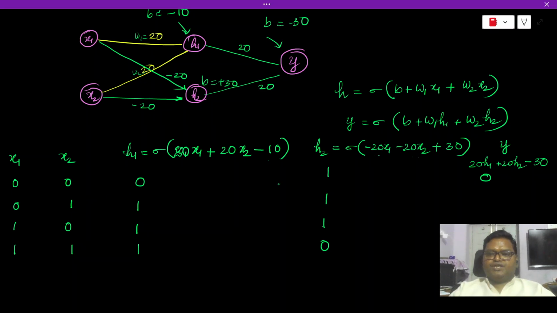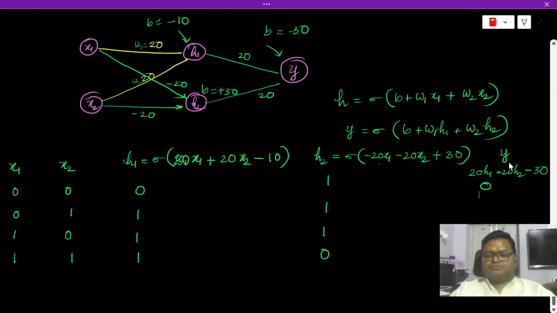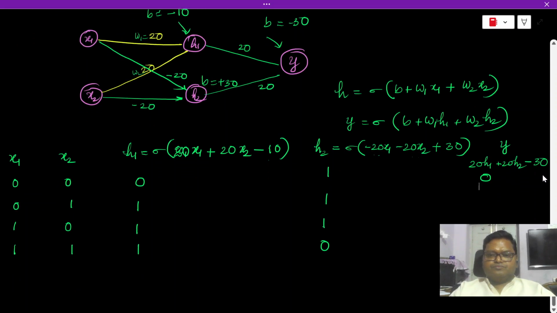When one is 0 and another 1, 20 minus 30.